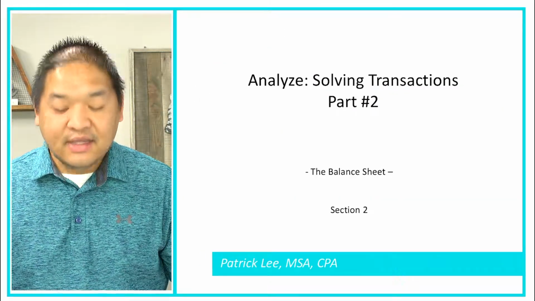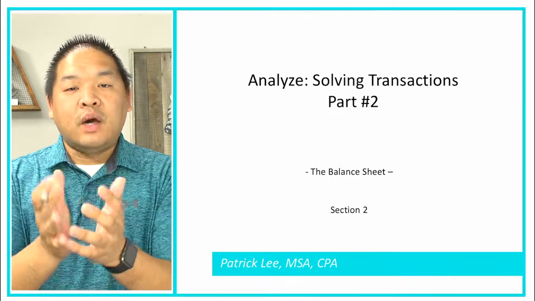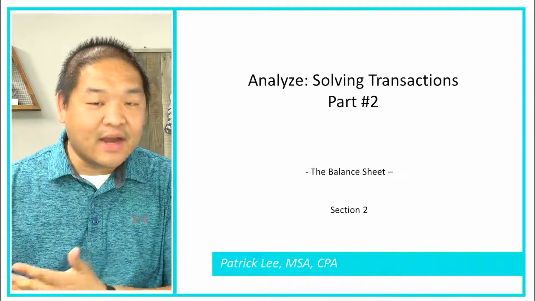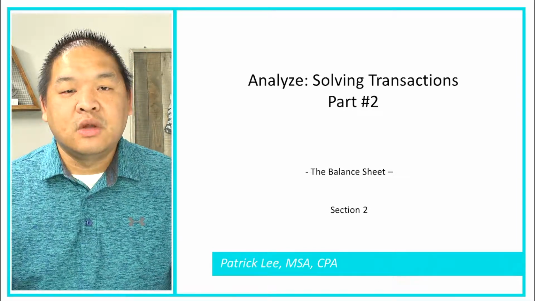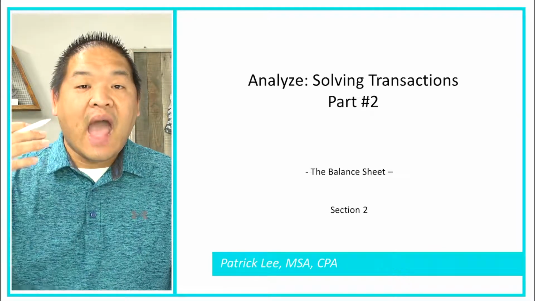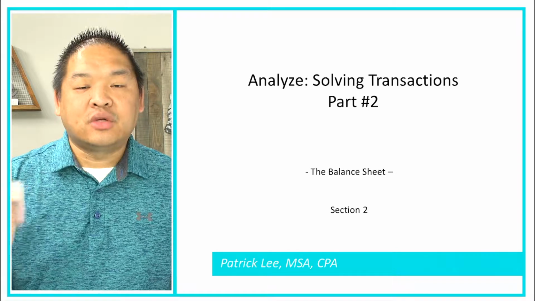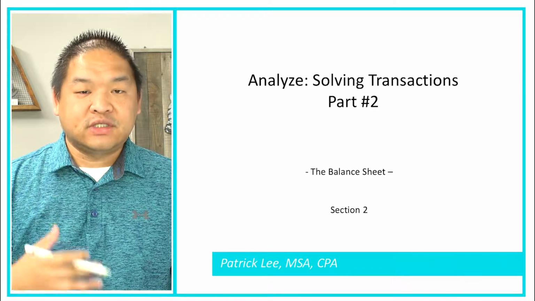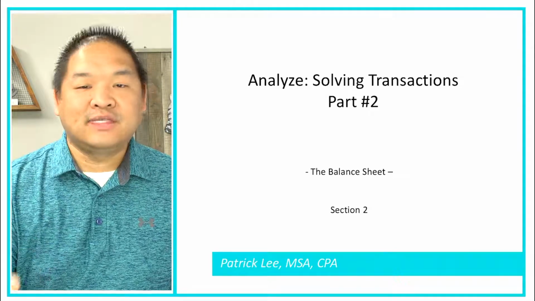So that is all of the examples here in part number 2. We have one more part where we're going to go through even more examples. But again, the reason why we're spending so much time on this is we really want you to understand how a transaction is put together and how a journal entry is done. This is the first step to learning journal entries: how do we analyze these transactions?